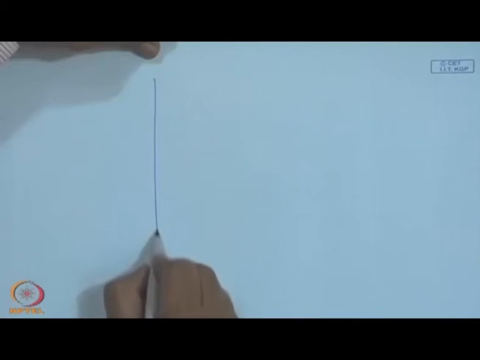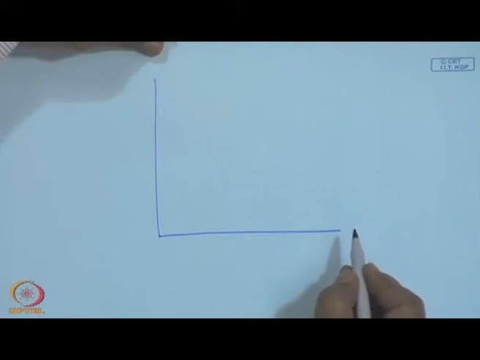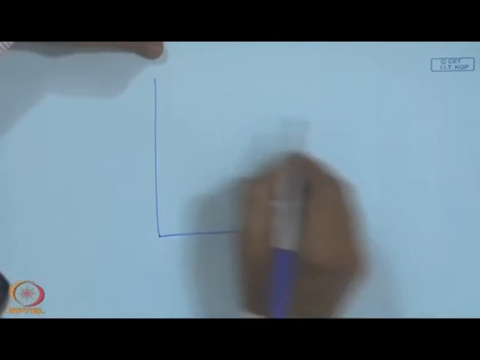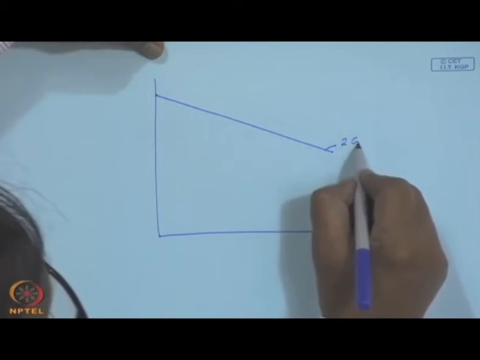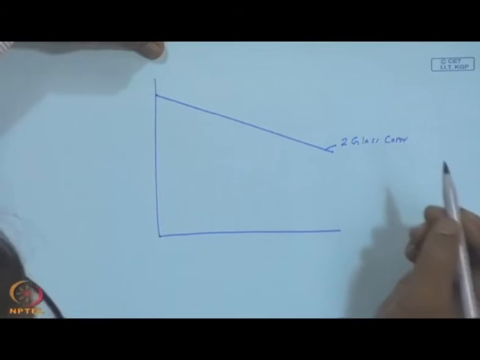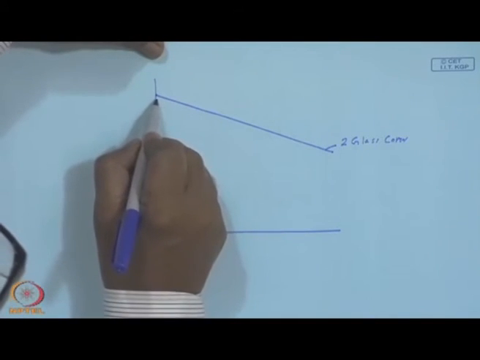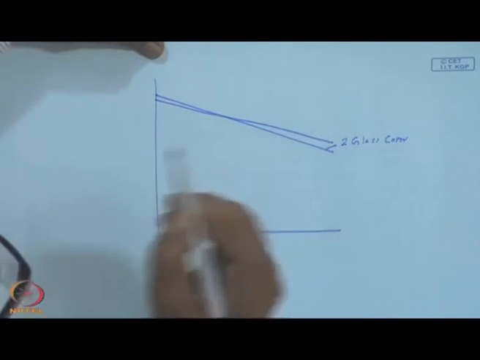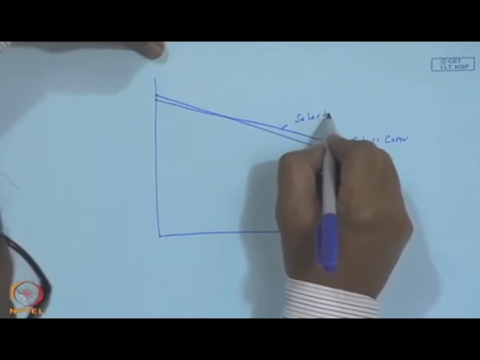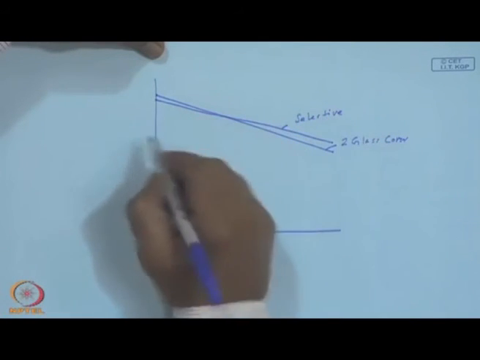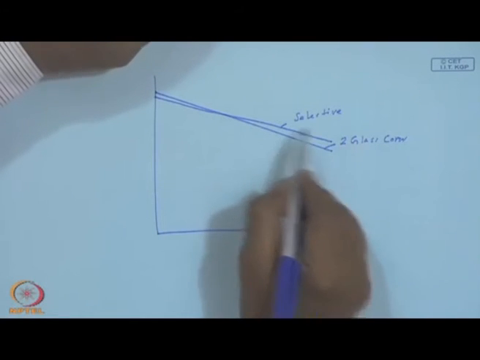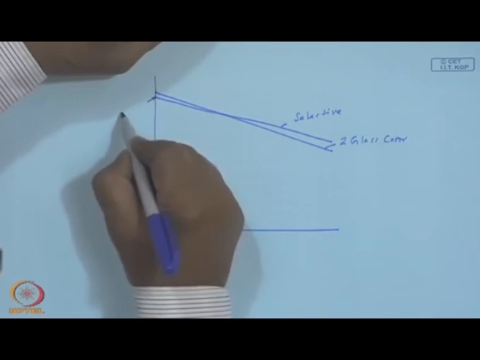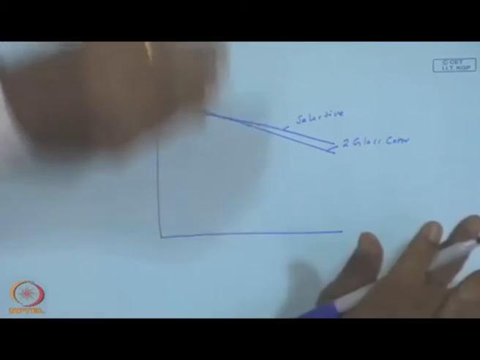This is where your operating condition is going to come into the picture. Just like we have drawn for 1 glass cover and 2 glass covers, now if I take a 2 glass cover performance and a selective performance, they more or less are the same, but if it is at a low temperature, 2 glass cover may be better than a selective surface, since there is a slight reduction in tau alpha normal in the solar range.